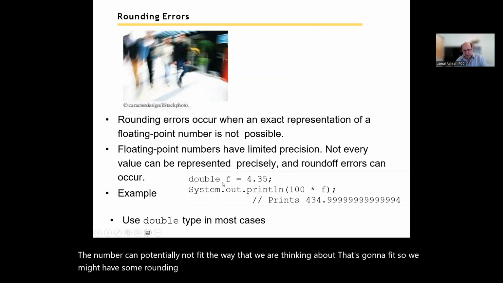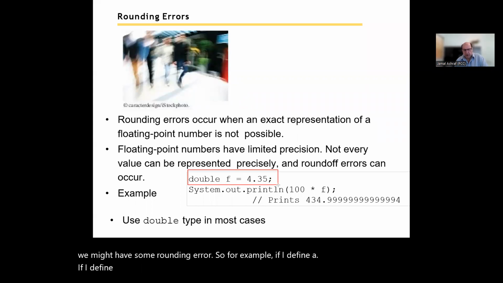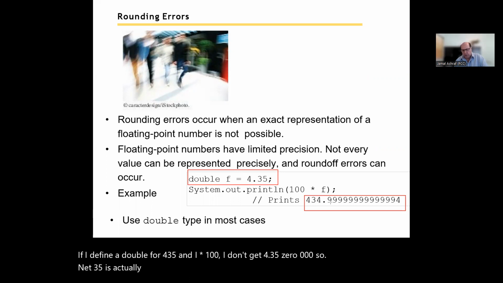For example, if I define a double for 4.35 and I multiply it by 100, I don't get 435.000. That 35 is actually saved as 34.99999, and maybe something else at the end of it.